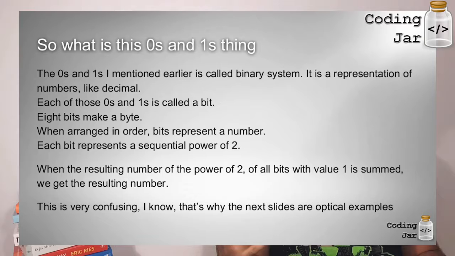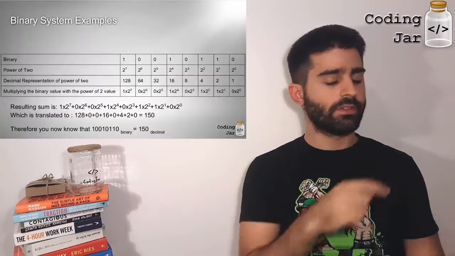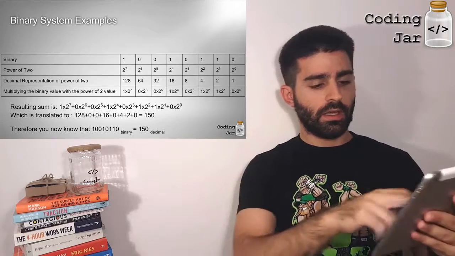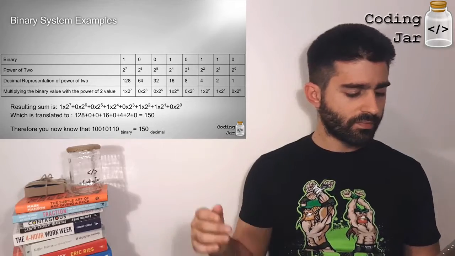When the powers of 2 of all bits with value 1 are summed, we get the resulting number. Okay, this may be a bit confusing, because I probably didn't say it right, but in the next slide you'll see a visual example, which I hope helps you understand this a little bit better.